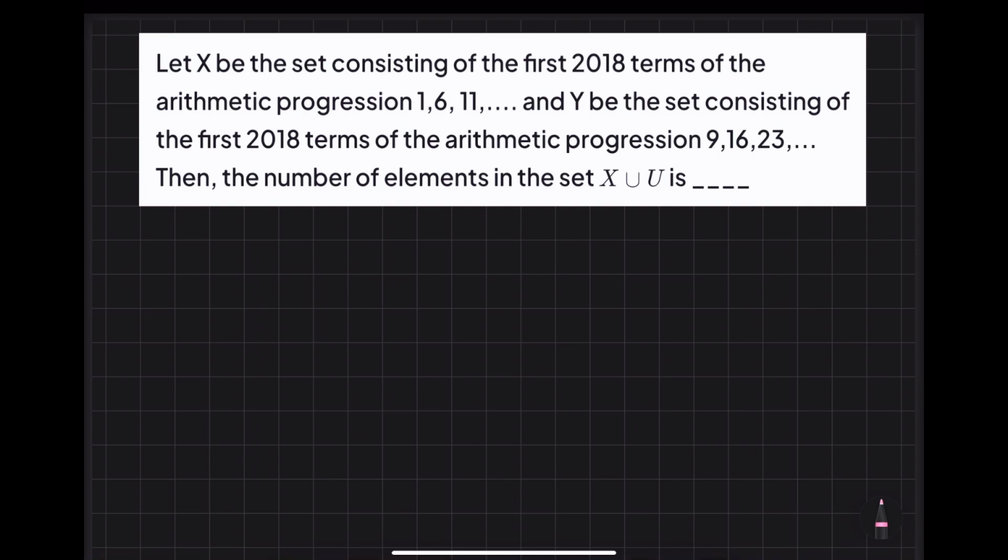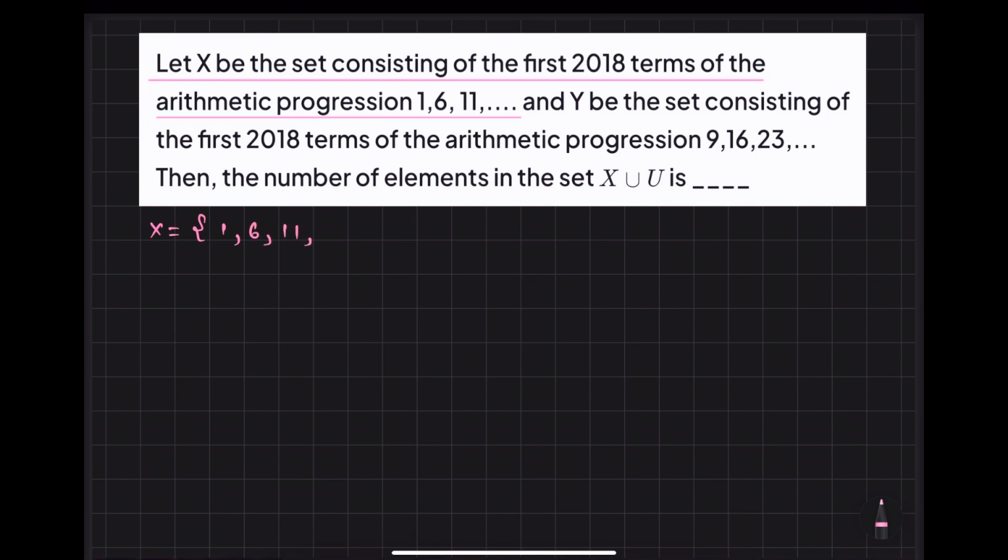So, we have a new problem which says: let X be the set containing the first 2018 terms of the arithmetic progression. Okay, so there is a set X which contains 2018 terms, and which looks like this: 1, 6, 11.